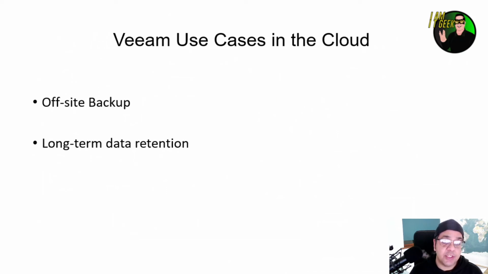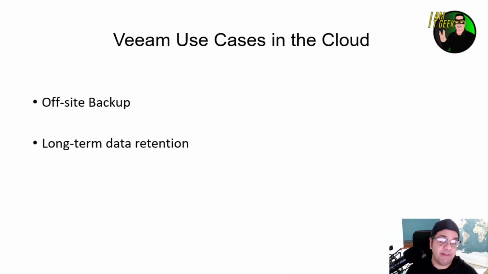Long-term data retention. So the Veeam Cloud tier reduces long-term data retention costs by combining on-premises storage with native object storage, and does that by uniting on-premises storage with your Microsoft Azure Blob storage. So customers can implement data tiering policies that quickly and securely transition data to the cloud as it ages.